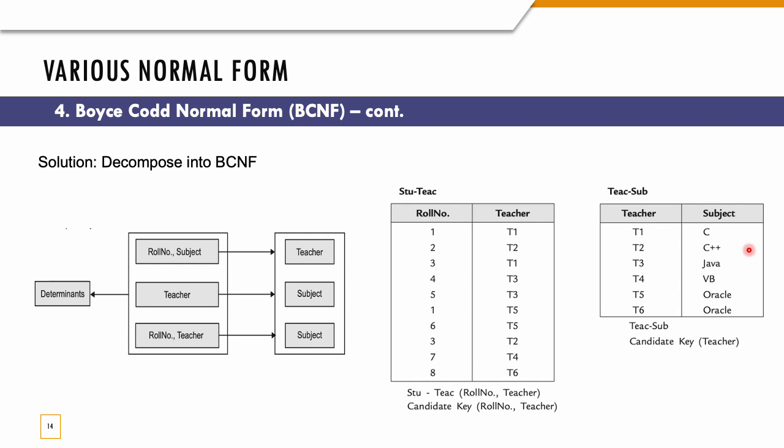And in this structure, all determinants, like roll number and teacher in student teacher, and teacher and subject in teach sub, are candidate keys. So each table is in BCNF, eliminating the anomalies.